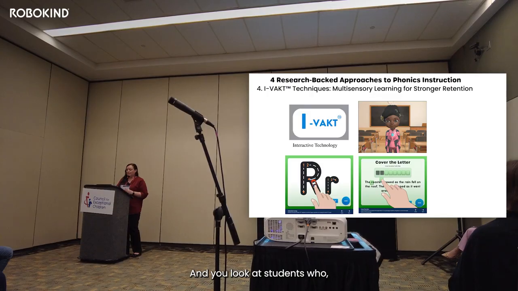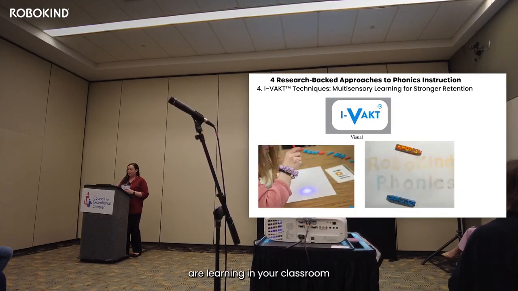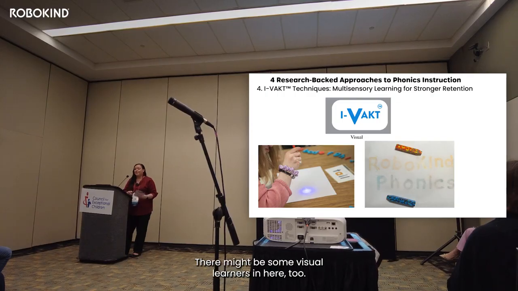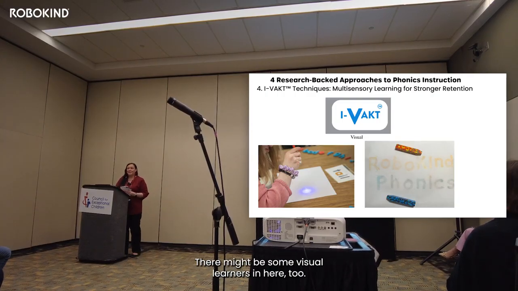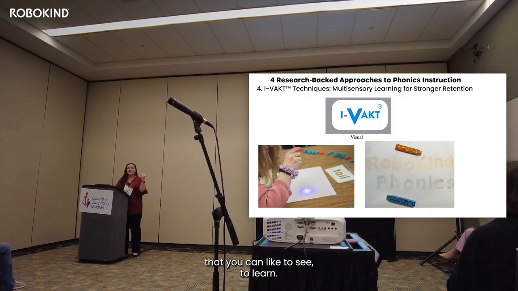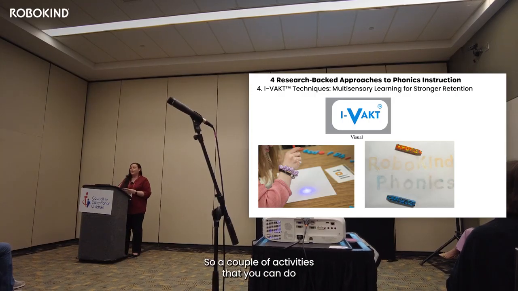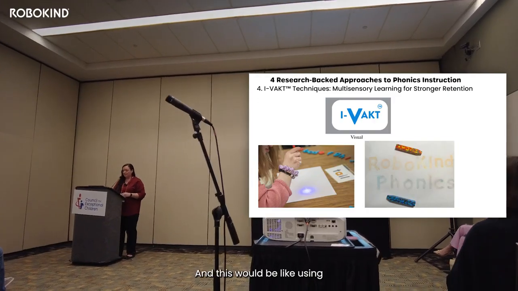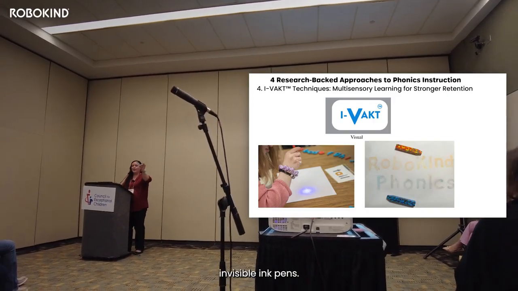Then you look at students in your classroom who prefer visual activities. There might be some visual learners in here too. Visual means that you like to see to learn. A couple of learning centers you can implement for this would be using invisible ink pens.